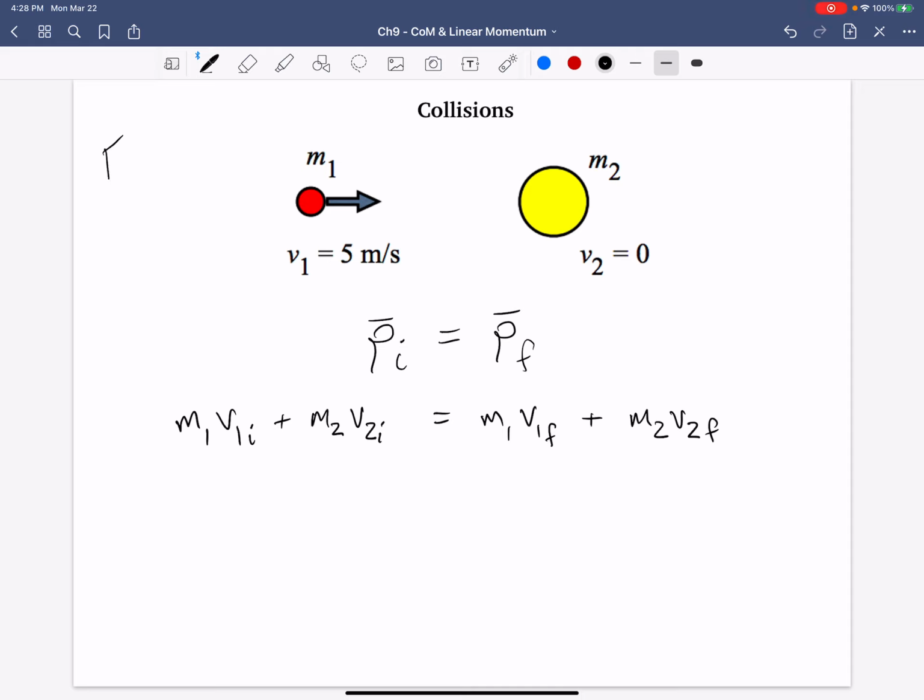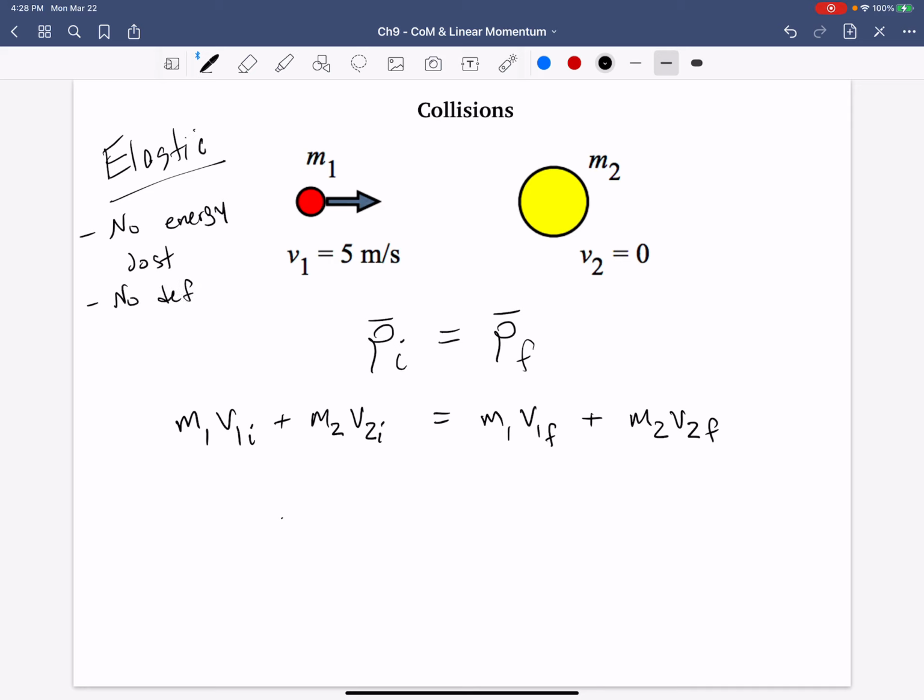So I should write up here: elastic. And this means no energy is lost, and that also means that the objects do not deform.